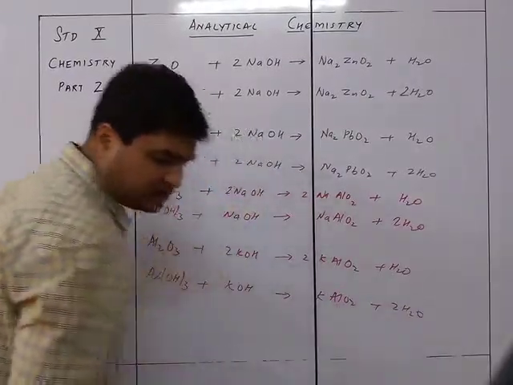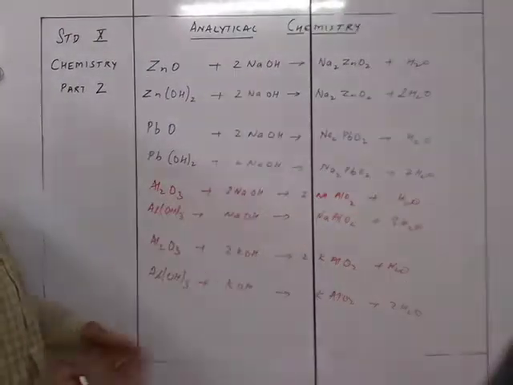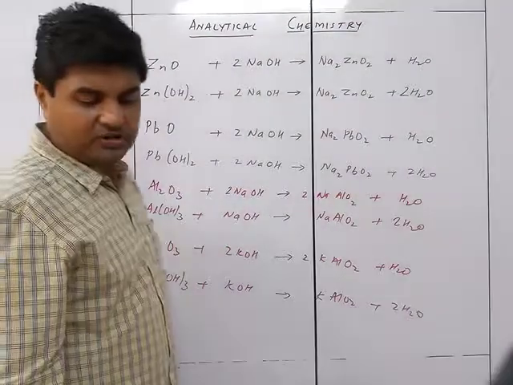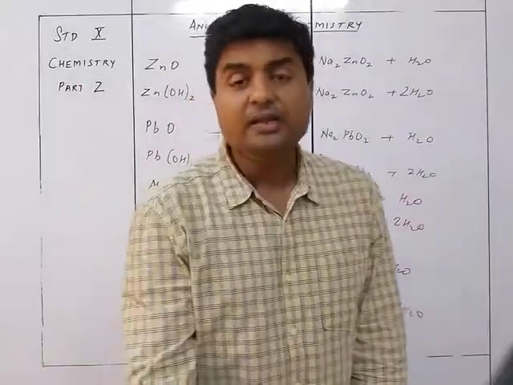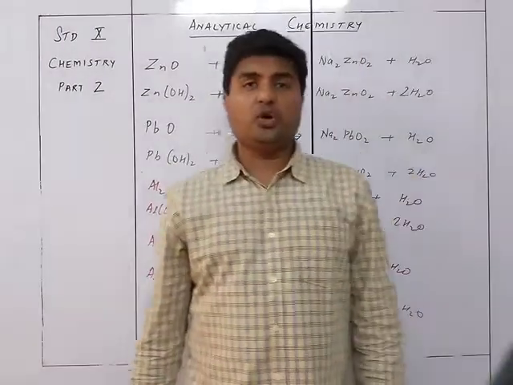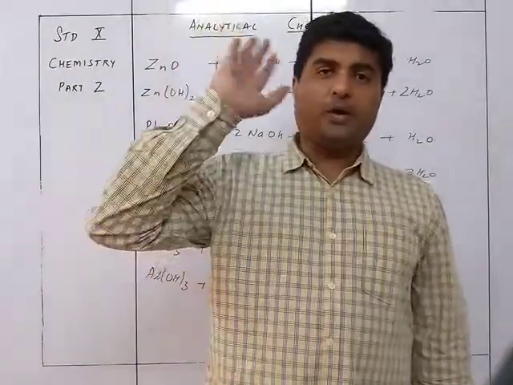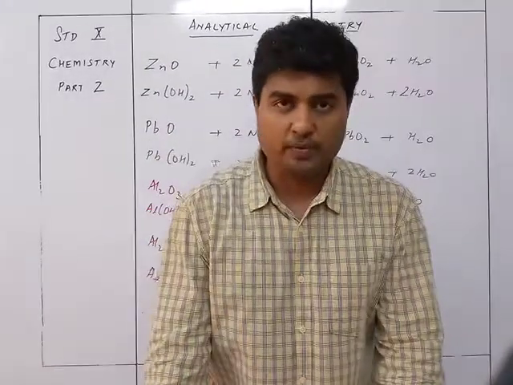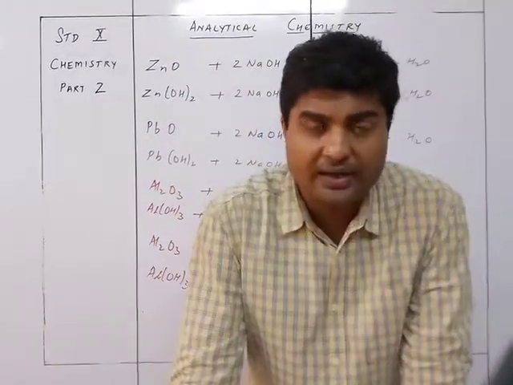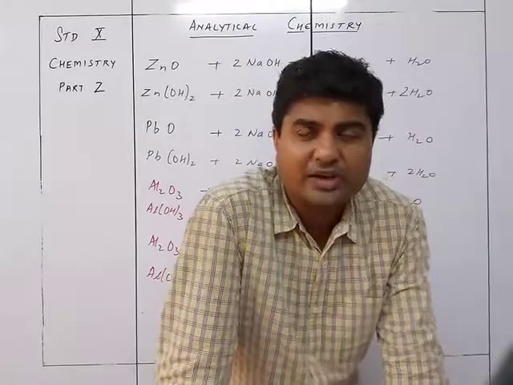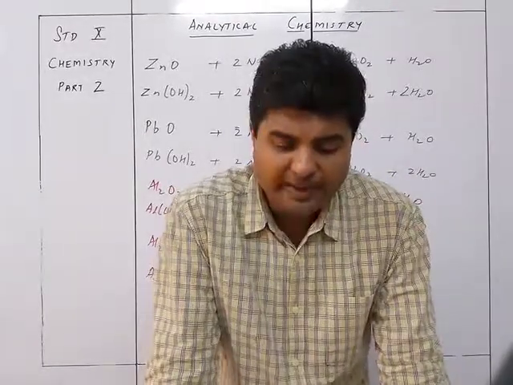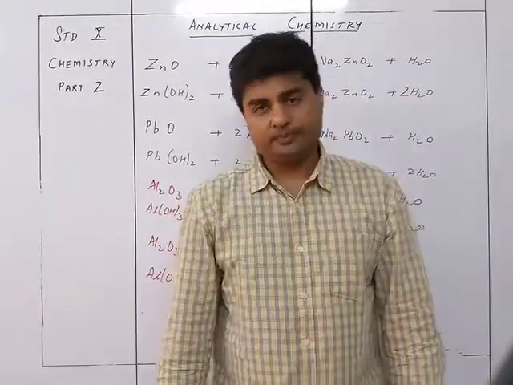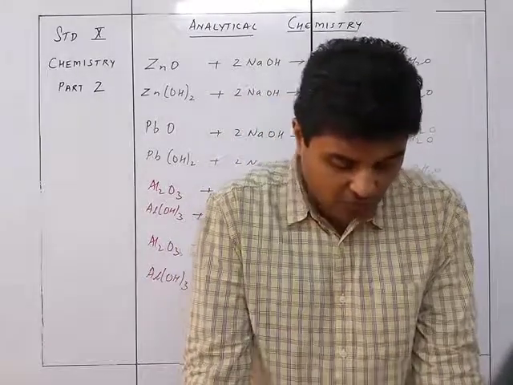So whether it is potassium hydroxide or sodium hydroxide, the reaction will be the same. It gives a plumbite, zincate or aluminate, and water is given out. So it is salt and water whenever any amphoteric oxide or hydroxide reacts with a base, that is NaOH or KOH.